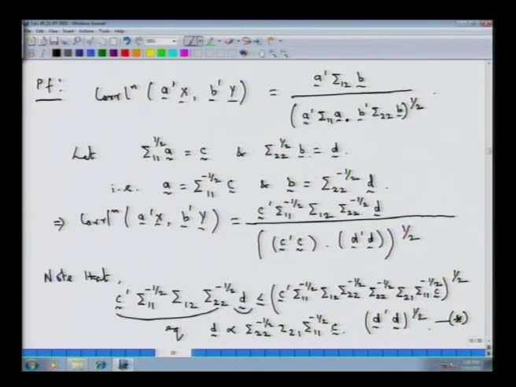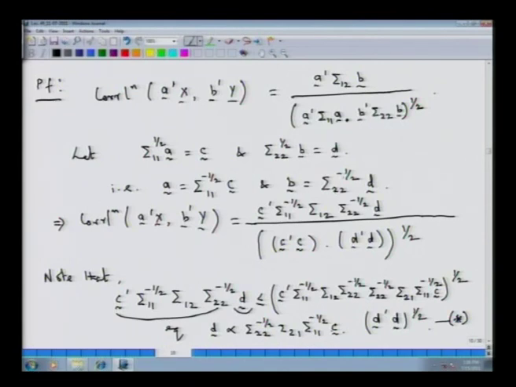That is, we would require this c vector to be equal to E1. c is connected with the a vector because a was the original vector. So, this will imply that the maximizing a vector is going to be given by sigma 11 to the power minus half times E1.